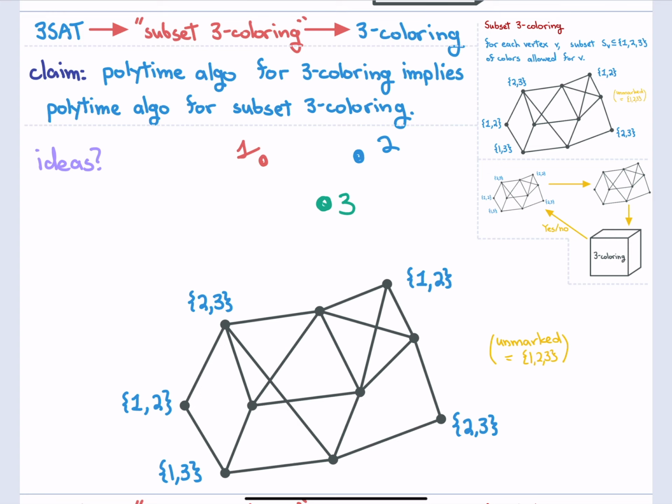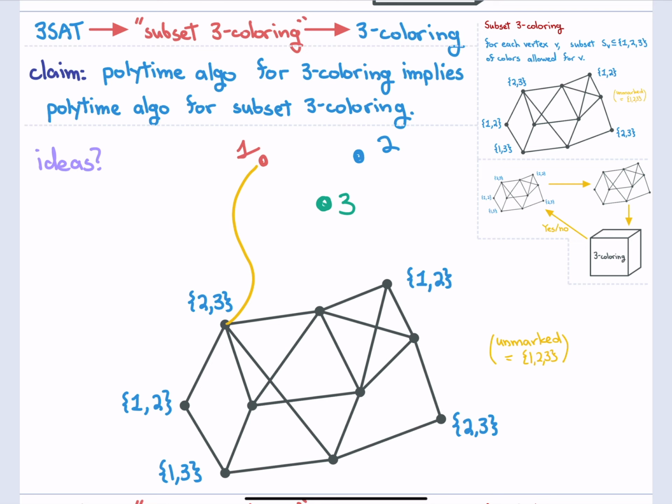So ideally, I would like to add an edge like that, right? That vertex is already colored red, and so this vertex can't be colored red anymore. I've effectively encoded that subset by adding an edge. So we can keep going.